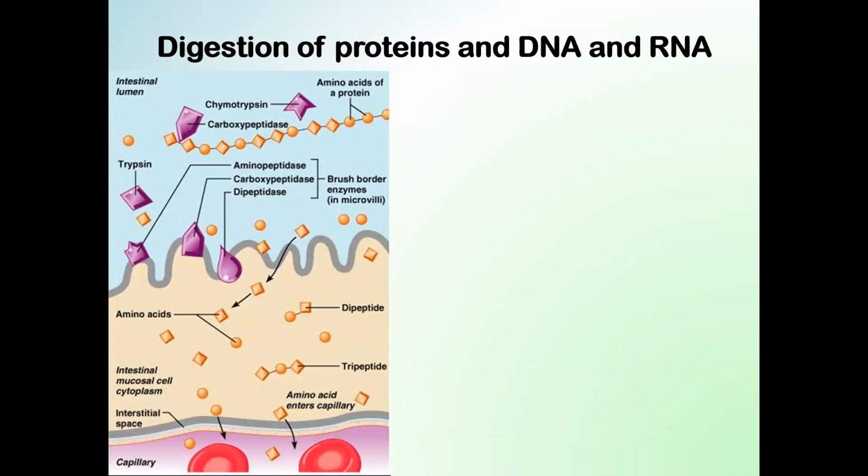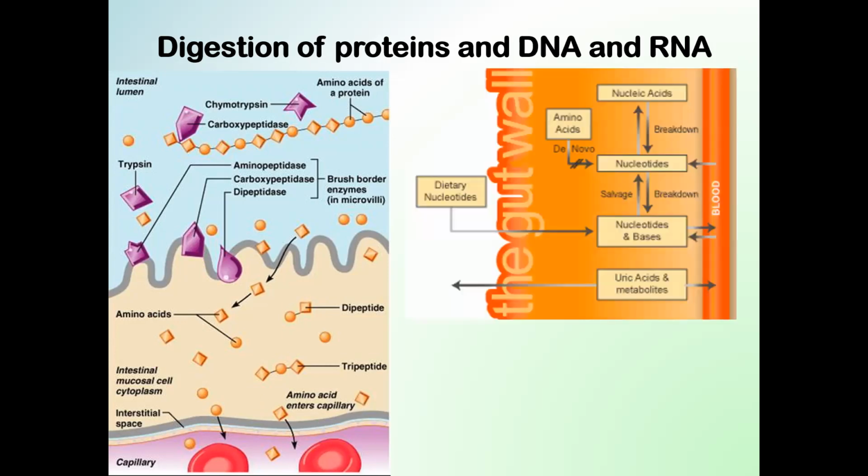So you have two, doesn't matter which two amino acids, there are 20 different ones. Any two together is a dipeptide. You get a string of them, it's called a polypeptide. And then they go through the lining and into the bloodstream. So here you have villi, and it often goes into the blood system.